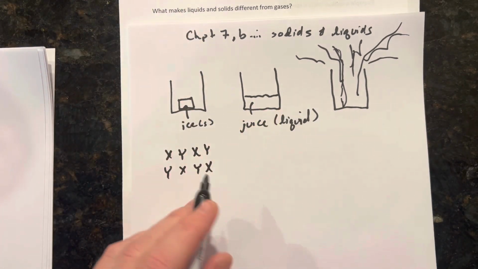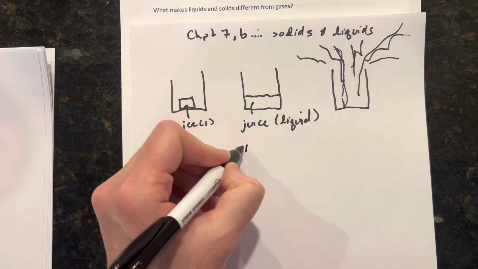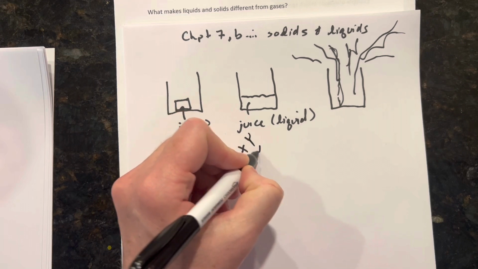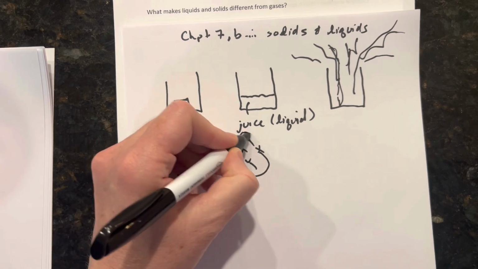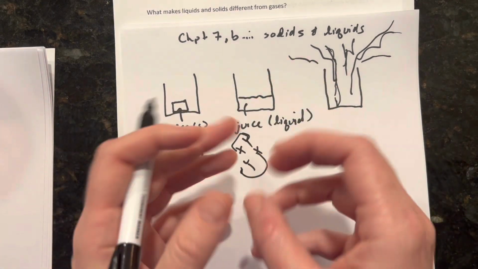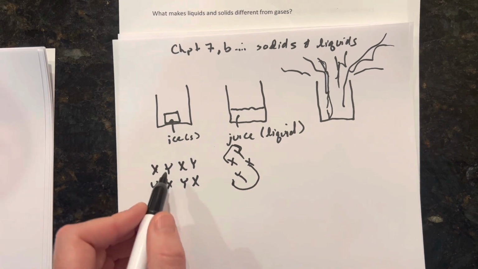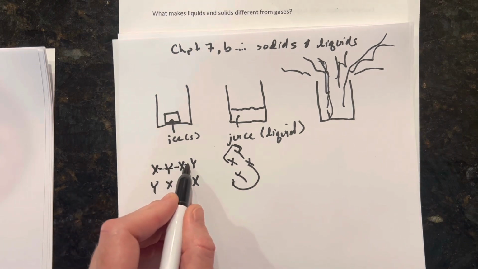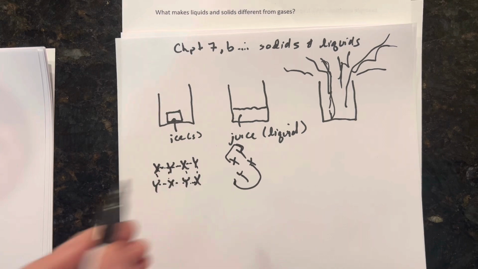If you're juice or a liquid of any sort, you're still XY, XY, but you have the ability to kind of move around each other. These guys, again, are pretty stagnant right next to each other, keeping the same distance from each other, depending on what kind of solid they are.